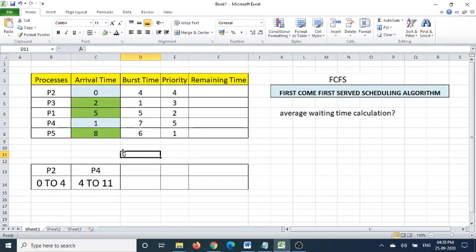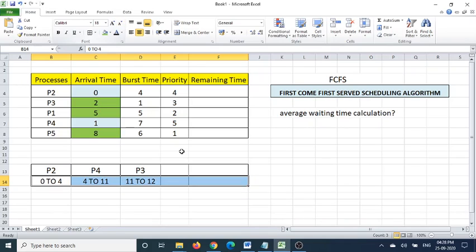So all three are waiting. Now which one should I give it to? Because P3 comes at 2, we give it to P3. P3 will run for its burst time of 1, so it will run from 11 to 12.